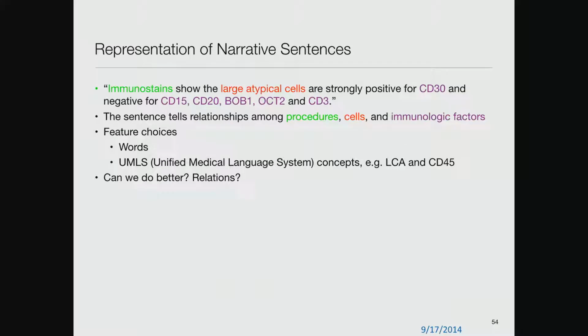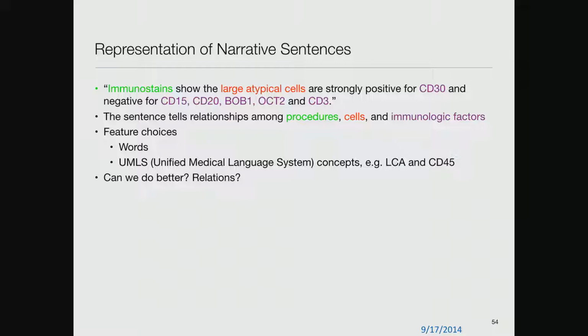And what he did is to say, well, let's see, if we look at a statement like this, stains show that large atypical cells are strongly positive for CD30, negative for these other surface expressions. So the sentence tells us relationships among procedures, types of cells, and immunologic factors.